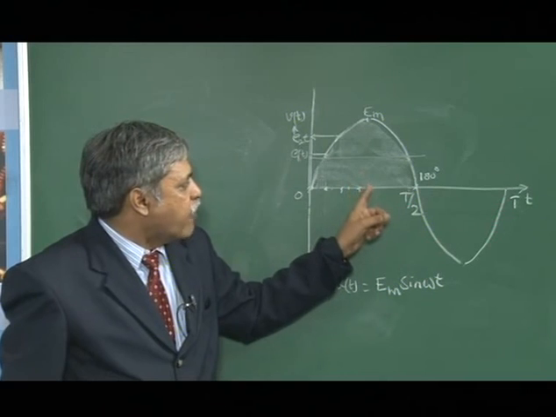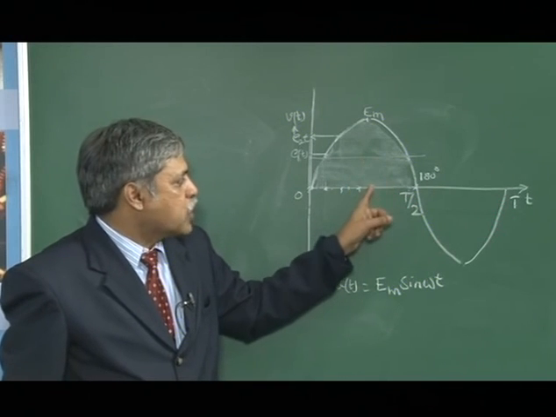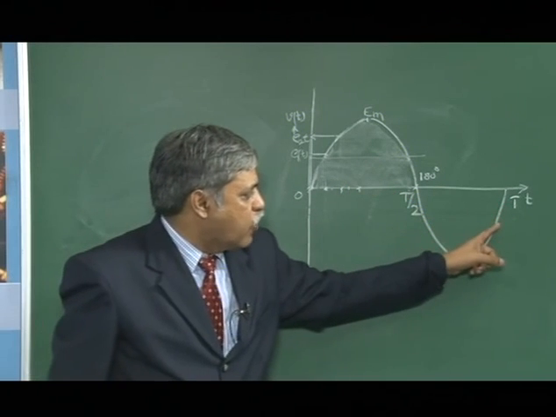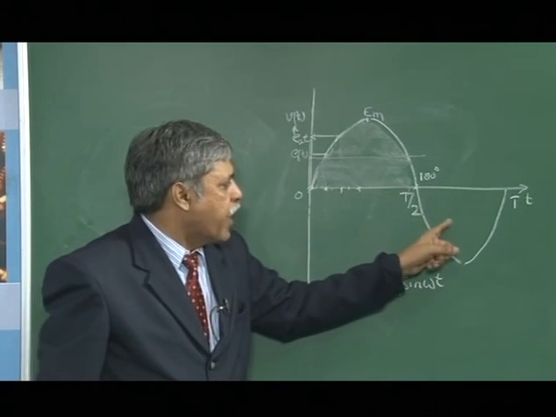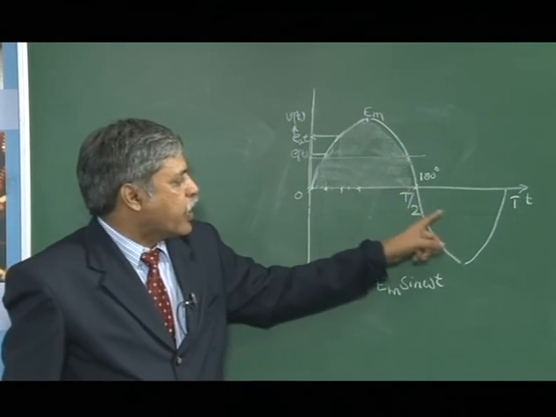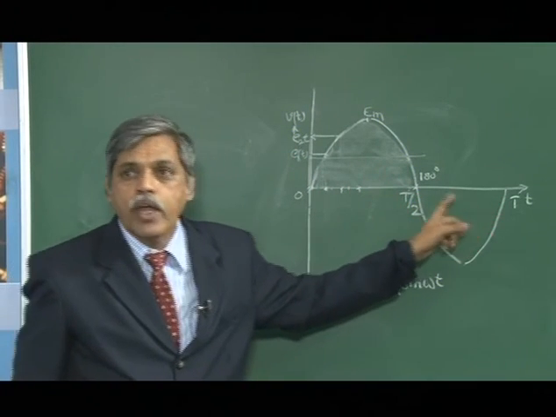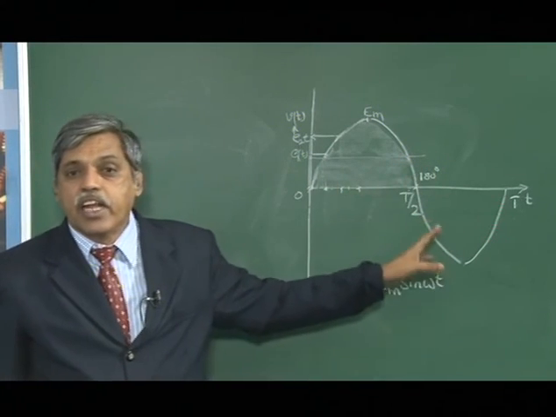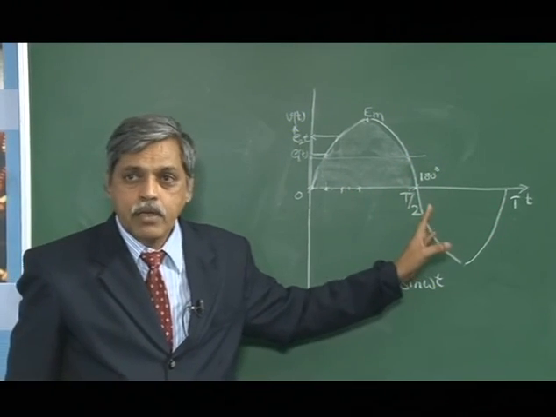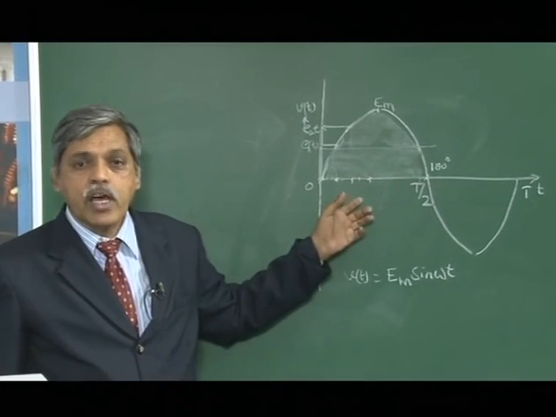So when I take the average value for the positive half cycle and for the negative half cycle, one is positive and the other is negative, so the total average value becomes 0. Therefore, I cannot calculate the average value over the full cycle. I can calculate it only over the half cycle.